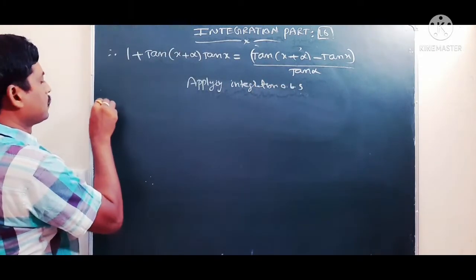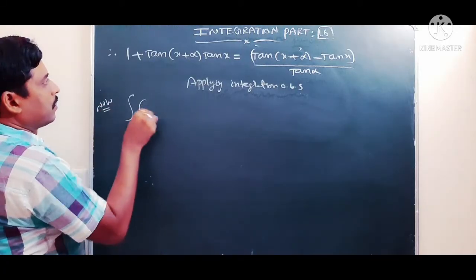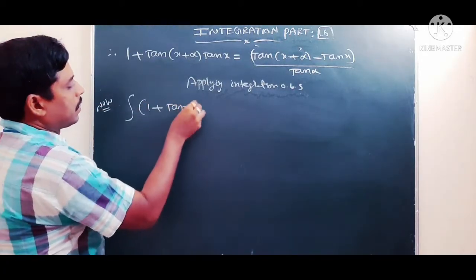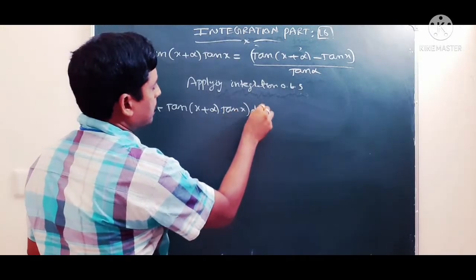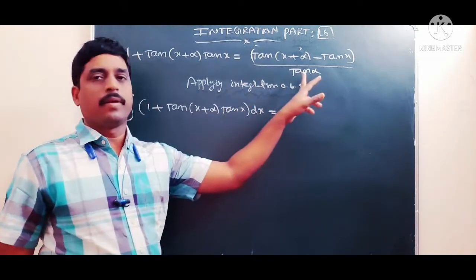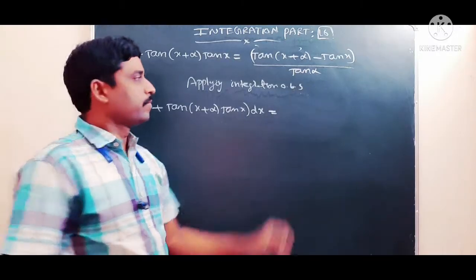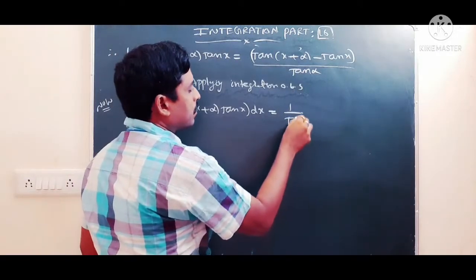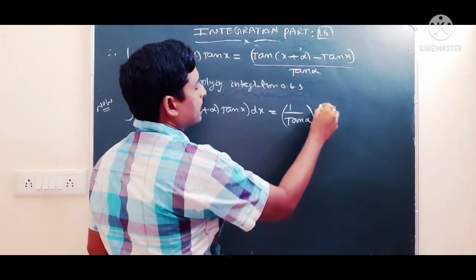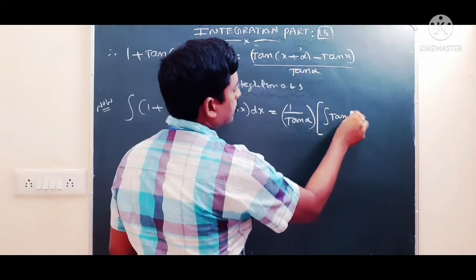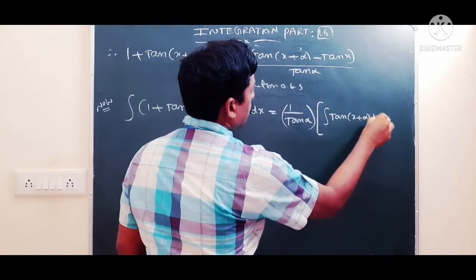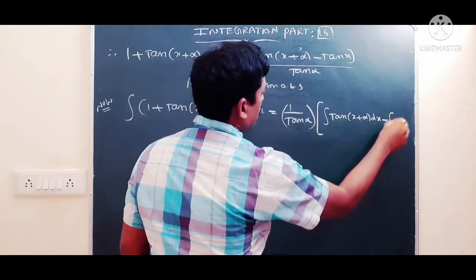Now integral of 1 plus tan x tan x plus alpha dx is equal to, in this, 1 by tan alpha as a constant, integral of the first function minus integral of the second function.